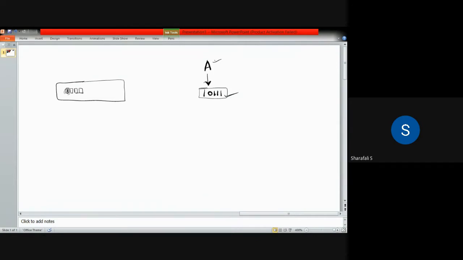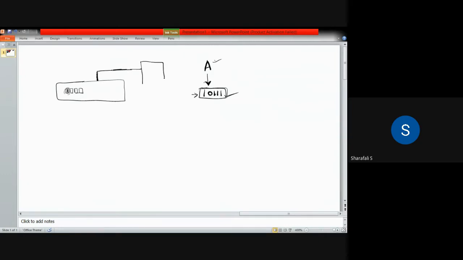So when you are pressing A, this particular information will be sent correspondingly. For example, if you are operating in Word, it will be sent to the Word file. So I will give you a block diagram for that. This keyboard is connected to your CPU.